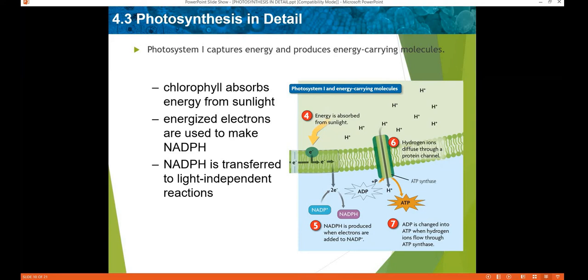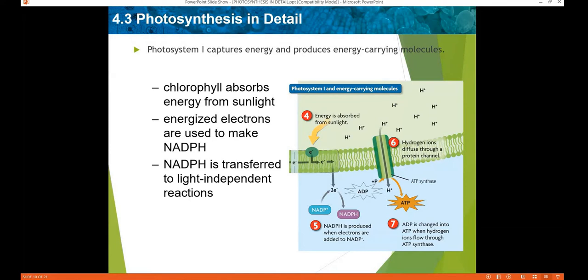Then in step 5, NADPH is produced. This is step 5, as you can see. The energized electrons are added to a molecule called NADP. This is NADP to which these energized electrons are added, forming a molecule known as NADPH.